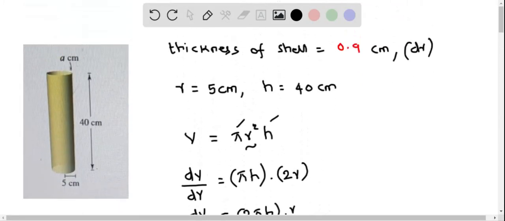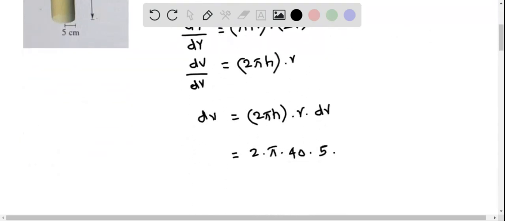And then dr, which represents the thickness of the shell, is given as 0.9 centimeter, so I write down 0.9. And so when we multiply these quantities, we get 360 pi. This is in centimeter cube because this represents the volume.